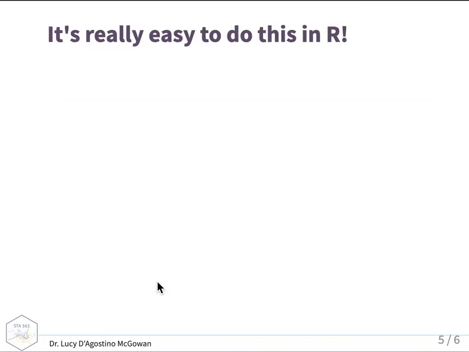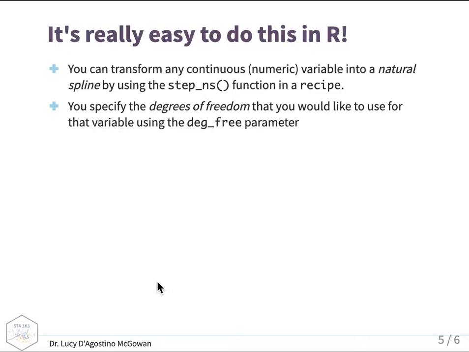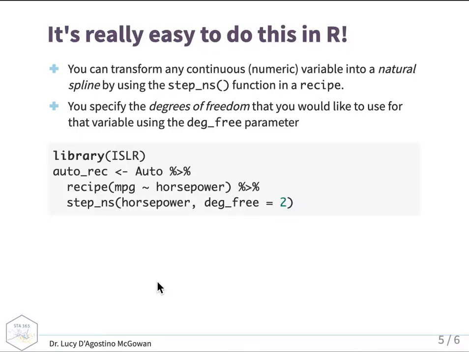And it's really easy to do this in R. You can transform any continuous or numeric variable into a natural spline by using the step_ns function in a recipe. You can then specify the degrees of freedom that you'd like to use for that variable using the deg_free parameter. Here's a quick example.